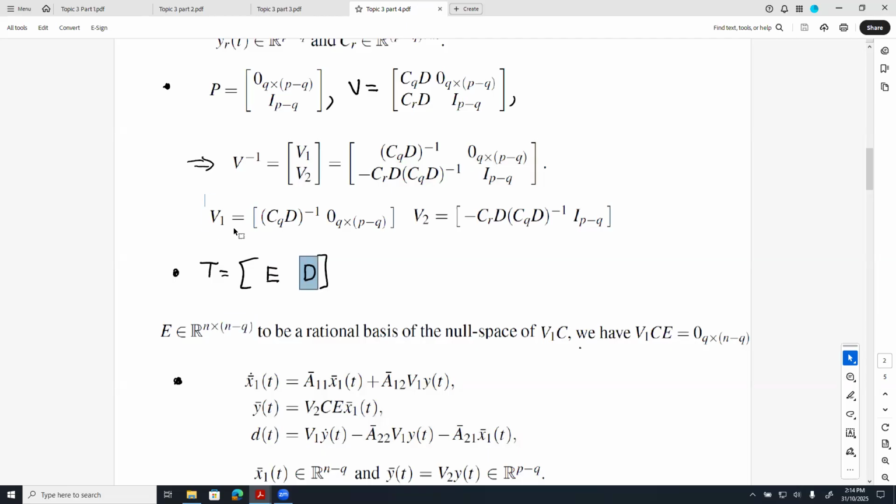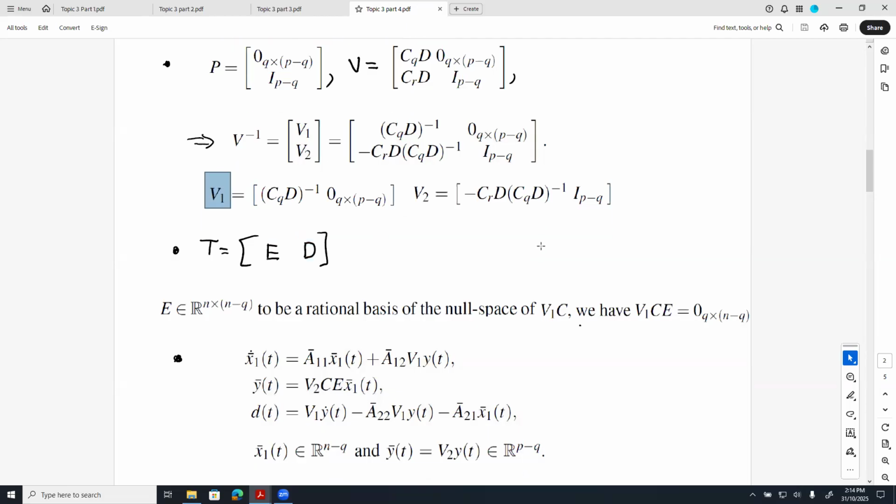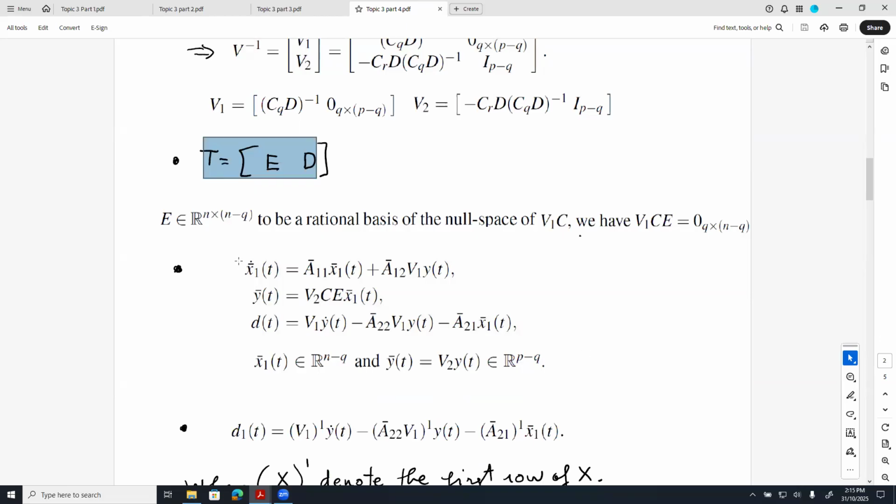And so that's why the dimension of V1 is Q by P. Okay. So we select E to be a rational basis for the null space of V1C. And if that's the case, and just like what we did previously, we introduce this stack transformation and then we decompose the system into a reduced order system.